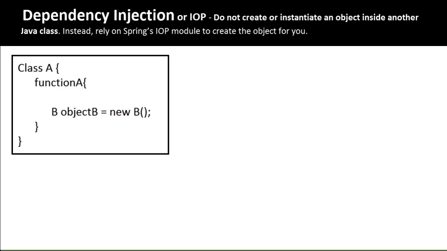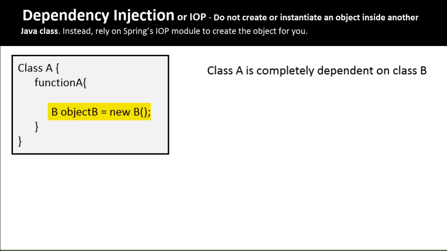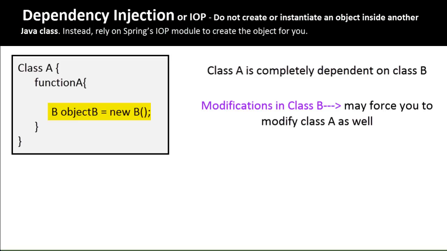For example, here we are creating an object of class B inside class A, which means class A is dependent on class B. In future, if a developer is going to modify class B for some requirement purposes, let's say he modifies the number of parameters he uses for the constructor of class B, he may need to modify class A as well.